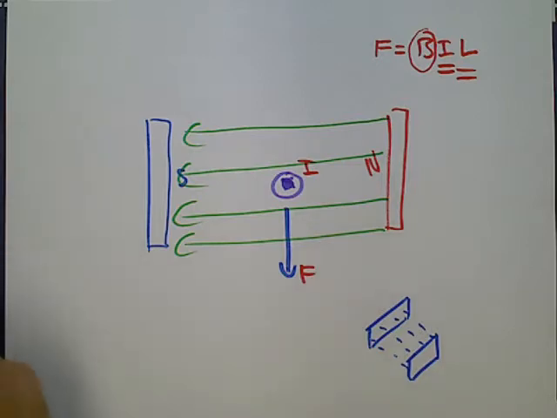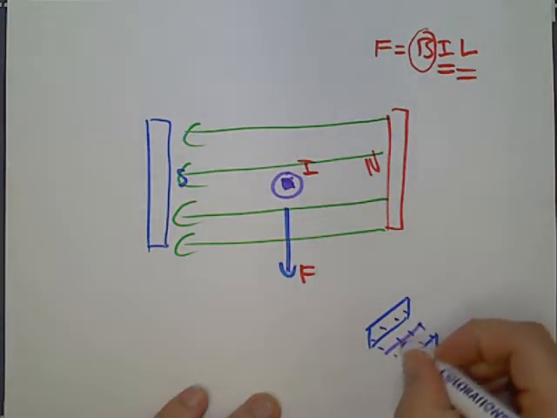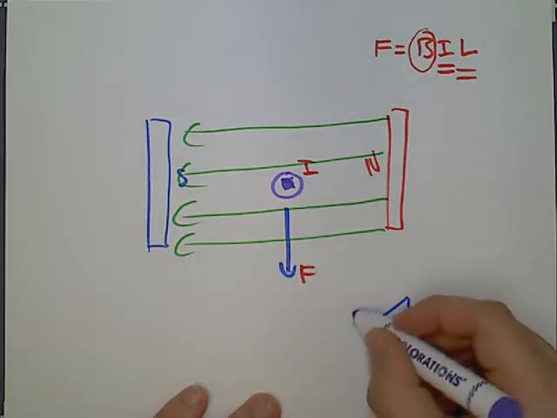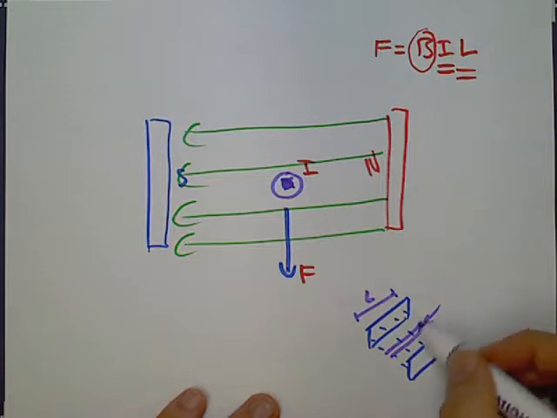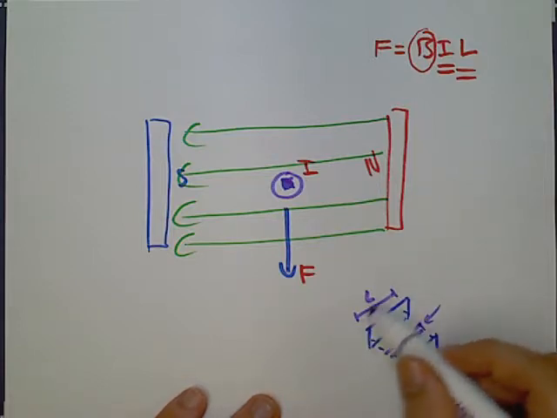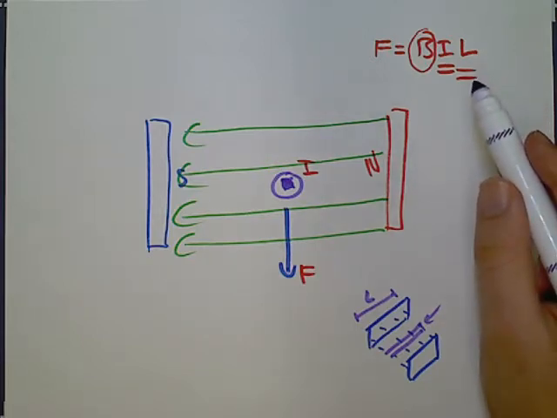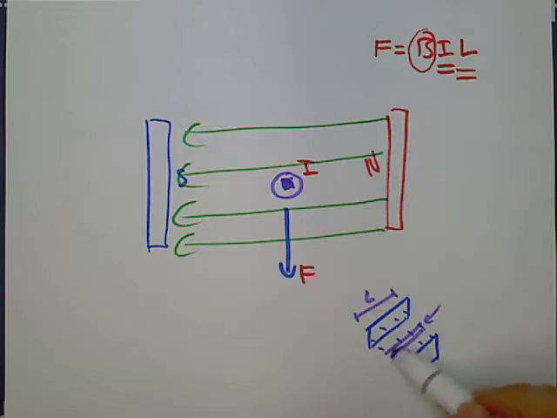Well, the length of the wire is the length of the wire in that magnetic field. So here's your wire, here's the current running through it, and the magnetic field. This L up here is the length of the wire in the magnetic field. That's a very important length, and usually it's determined by the length of the magnets more often than not.